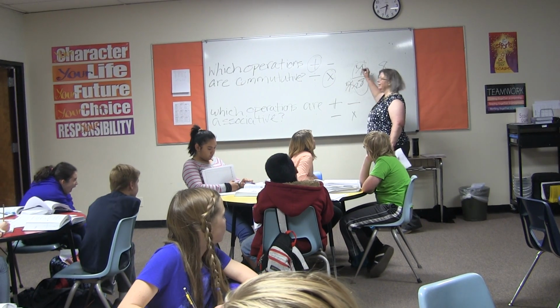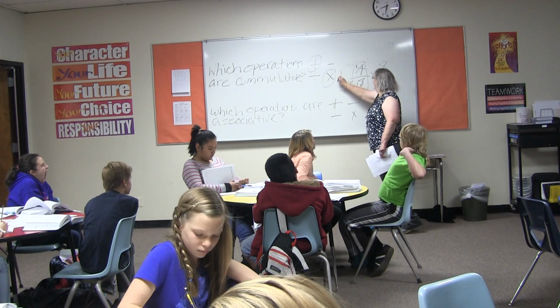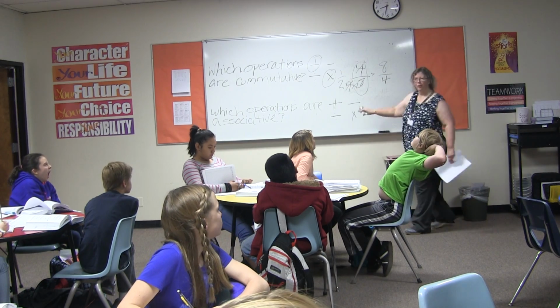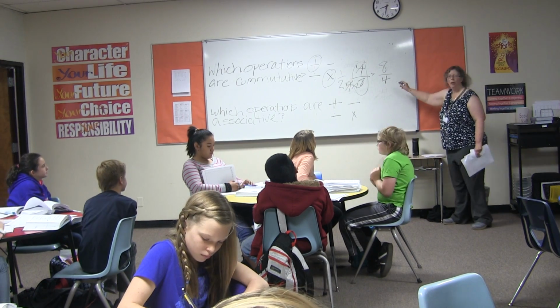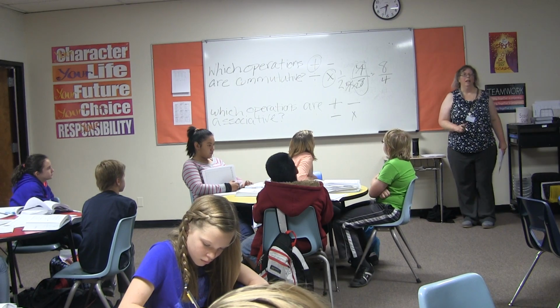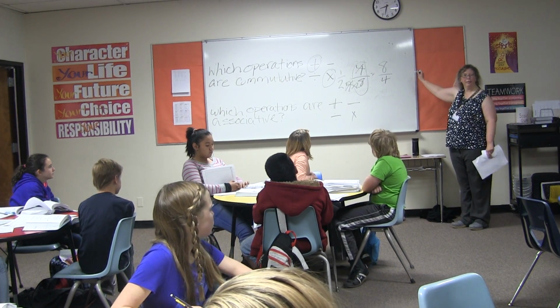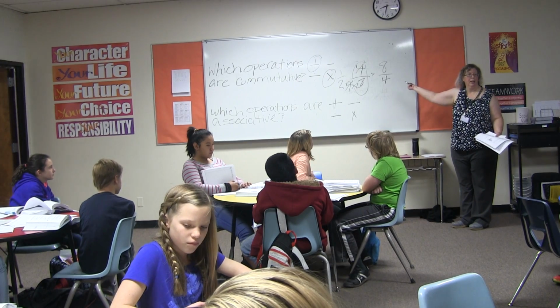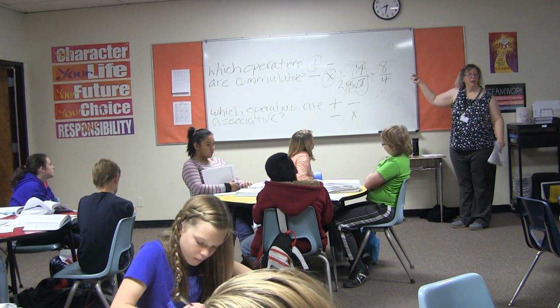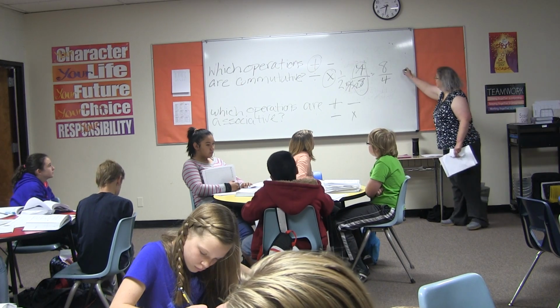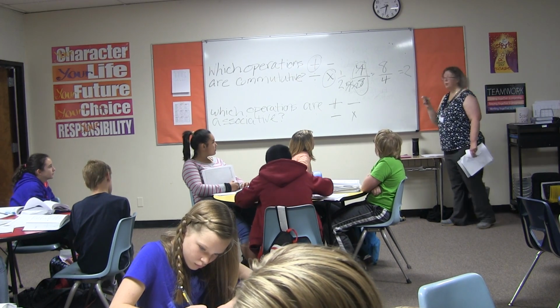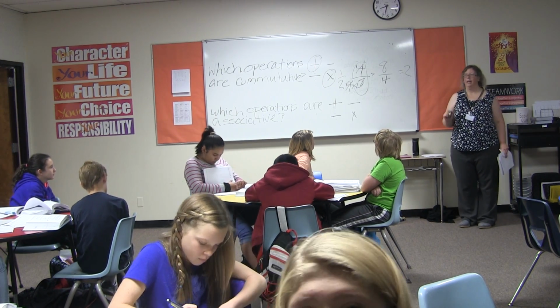So 4 cancels. So we get 1/2 over here. Right? So, all right. What over here, 8 divided by 4 equals what? So 2 is definitely not equal to 1/2.